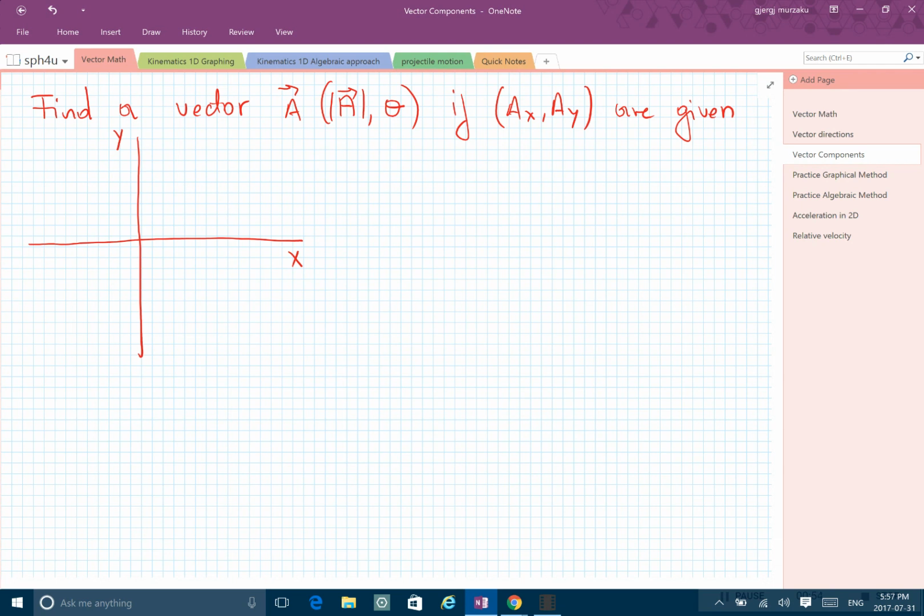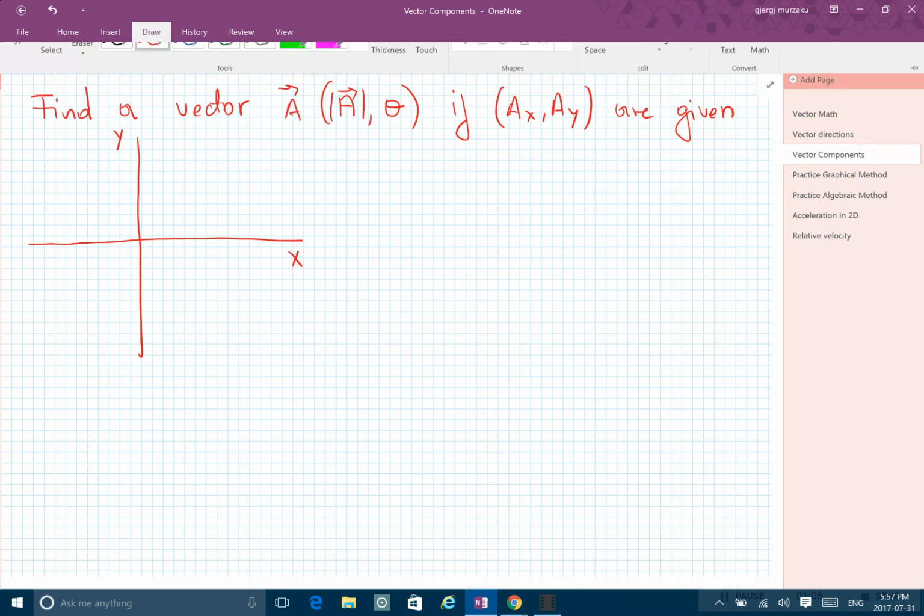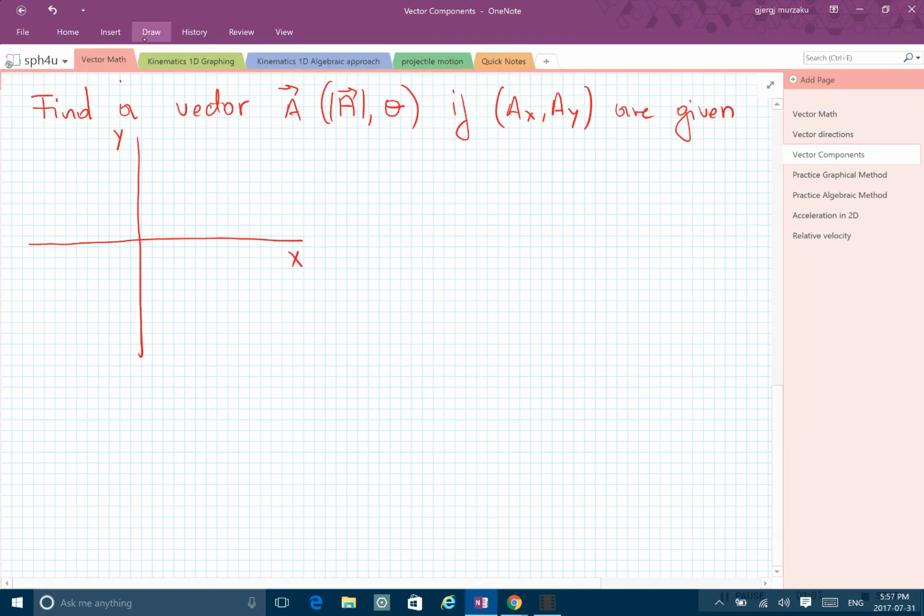So let's say we have the components, so let me do them in a different color.